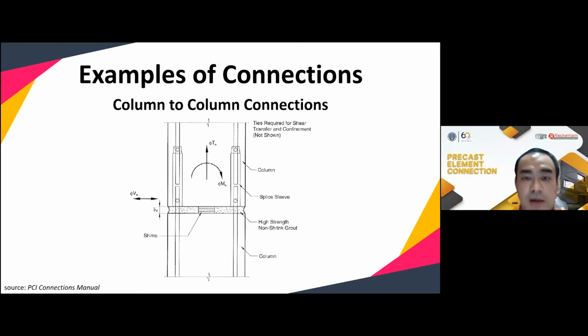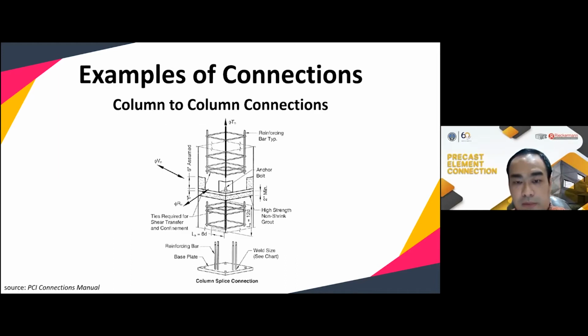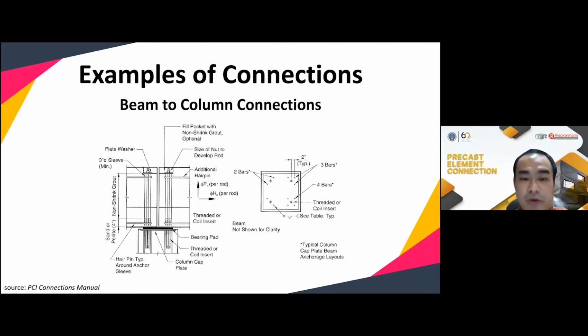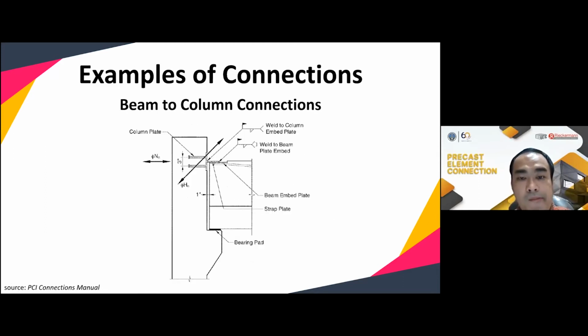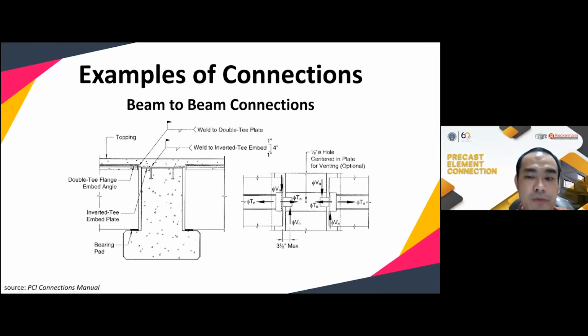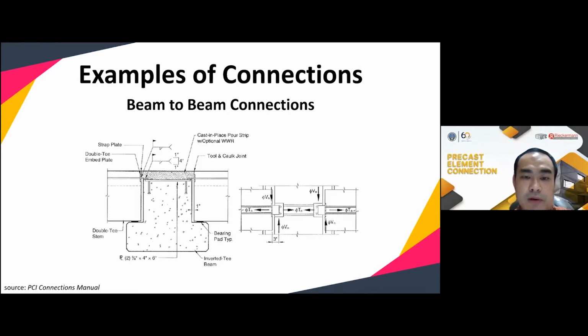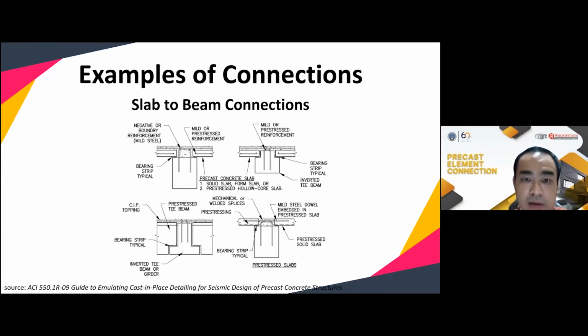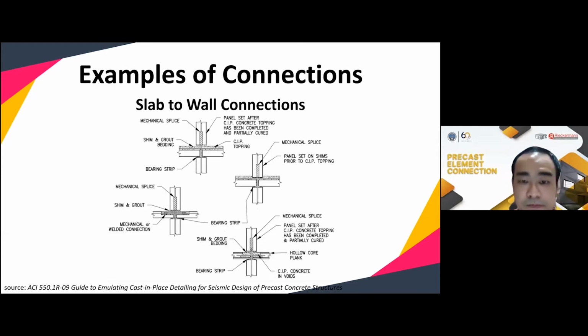This is column to column. We can have another type of column to column connections, beam to column. We can also have something like this, the beam to column connections, beam to beam, and so on. So I will not go into detail. You can see further in the books.